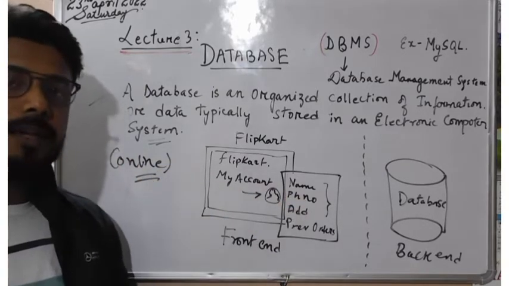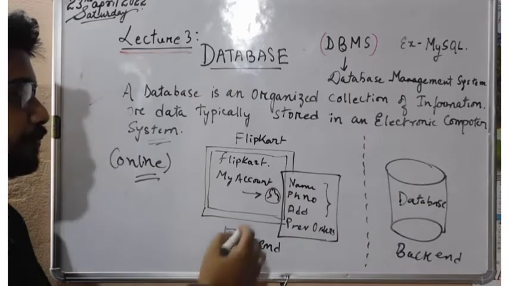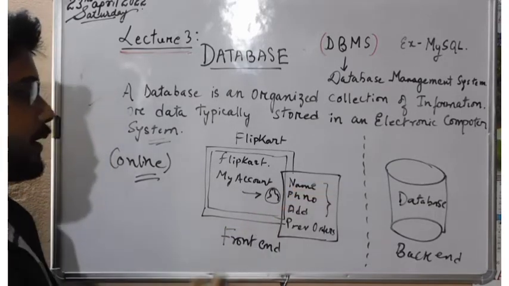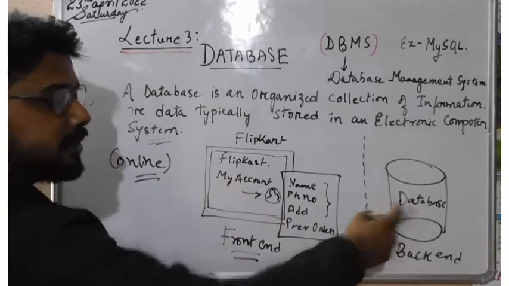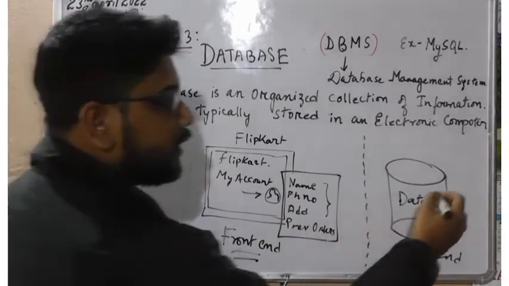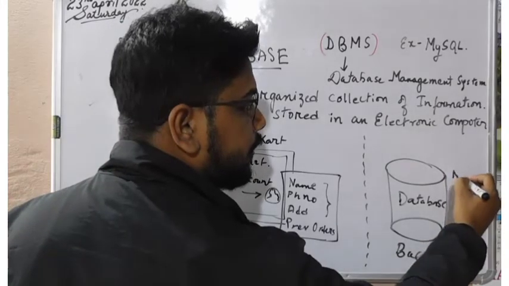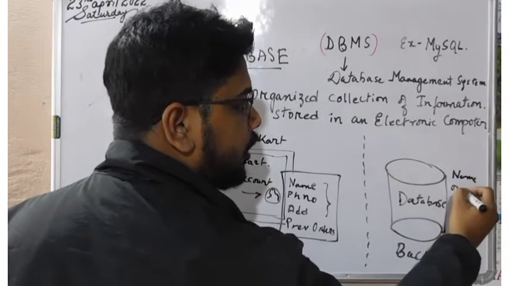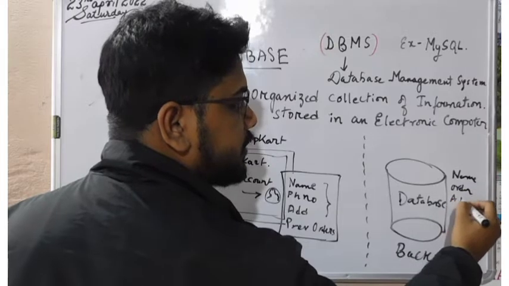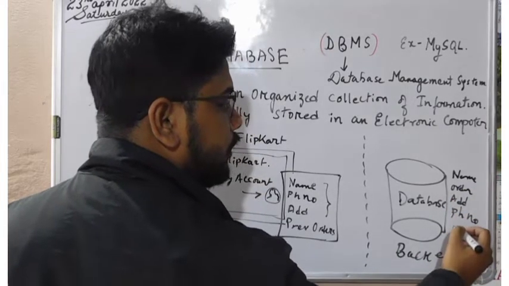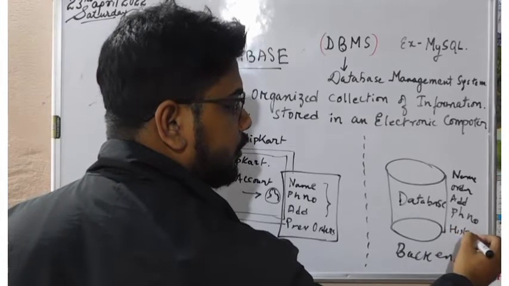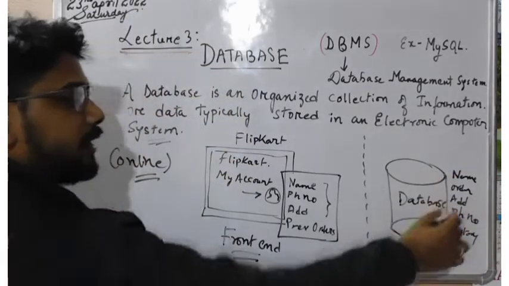Both options are available. This is the front end on which we are operating and this is the back end. The back end contains all the information like your name, your order, your address, your phone number, your history.